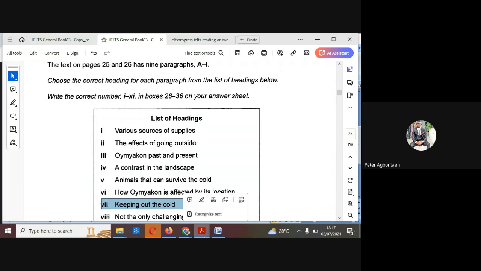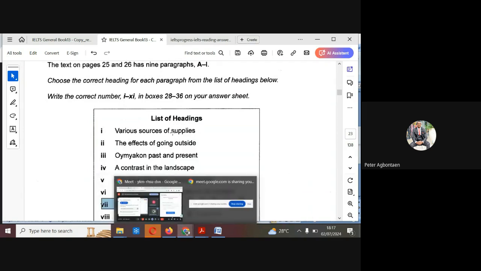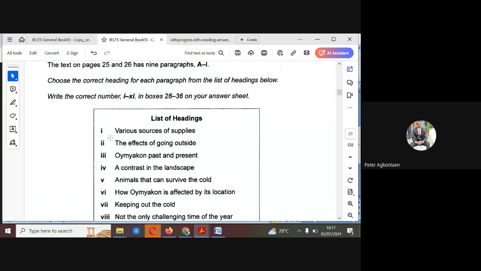You may see something in paragraph A that seems to tell you about the effects of going outside, but it will just be a minor idea. That's not the major thing paragraph A is dealing with. So even though the idea of effects of going outside is present in paragraph A, it only expresses a minor idea, not the main idea, so you are not choosing it. Ensure that any heading you choose actually captures the major idea of the paragraph. That's what you always have to ensure.